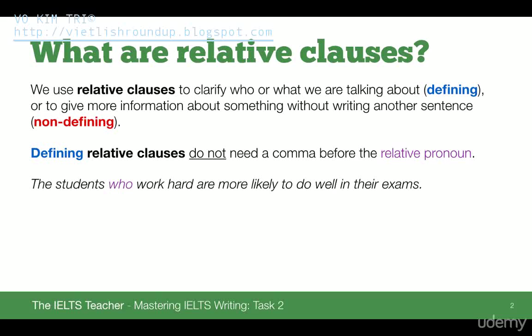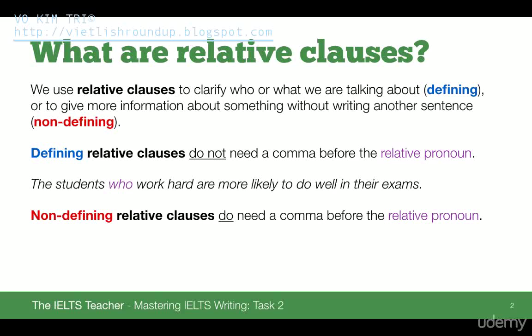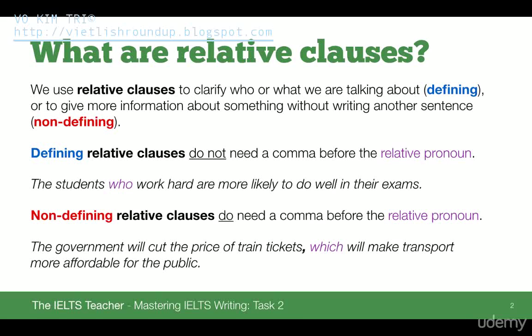No comma before who. In contrast, with non-defining relative clauses, we do need a comma before the relative pronoun. An example here, the government will cut the price of train tickets, comma, which will make transport more affordable for the public. So you can see the differences here between the sentences.